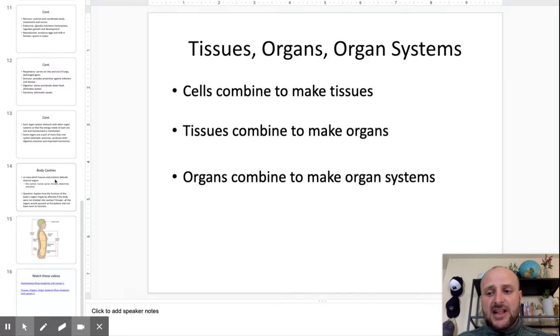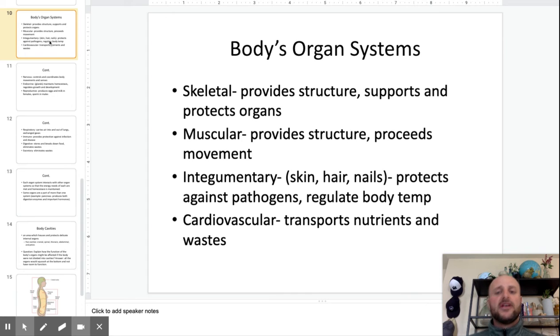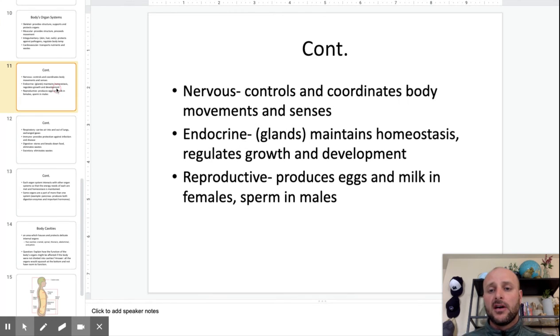The next three slides in our presentation go over all of the different organ systems that our body has: skeletal system, the muscular system, integumentary, cardiovascular, nervous, endocrine, which is maybe one you've never heard of, but it contains glands which secrete hormones that help you do all kinds of things.